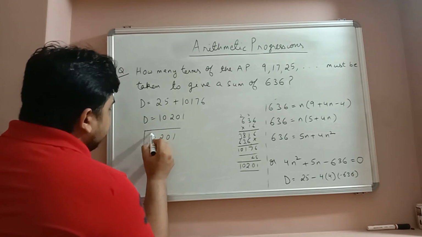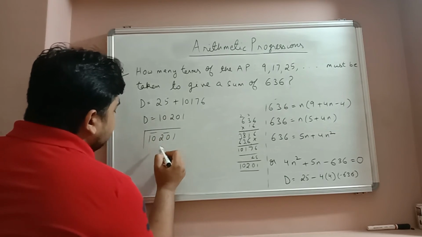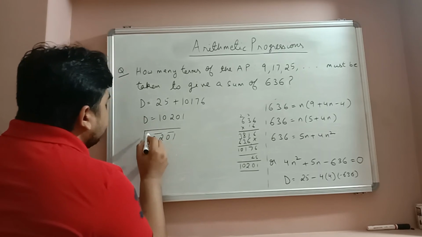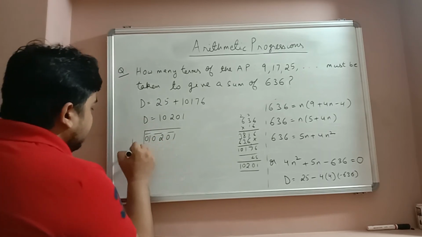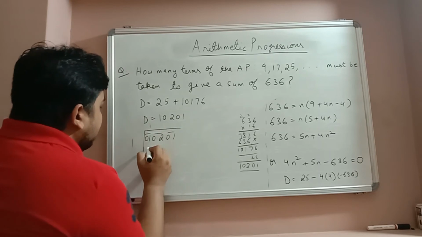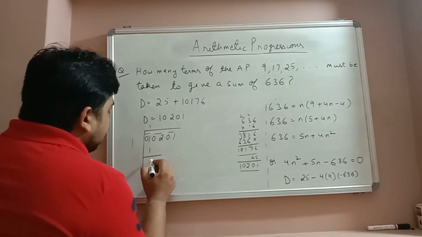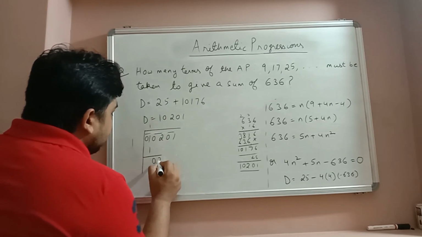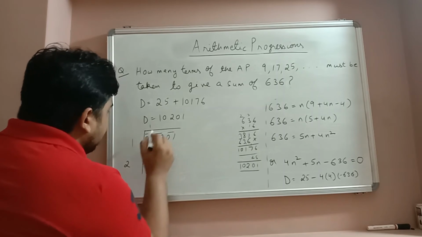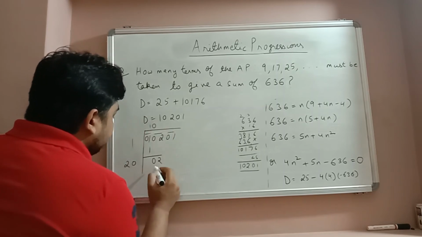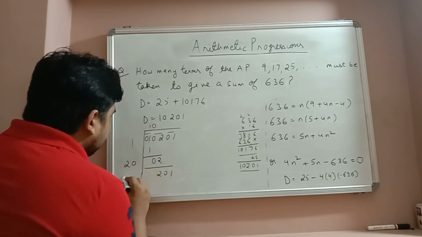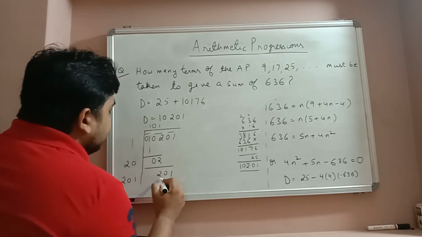So taking pairs from the right, we get 1, ones are 1, 1 plus 1 is 2, zeros are, and this will be 201 into 201.